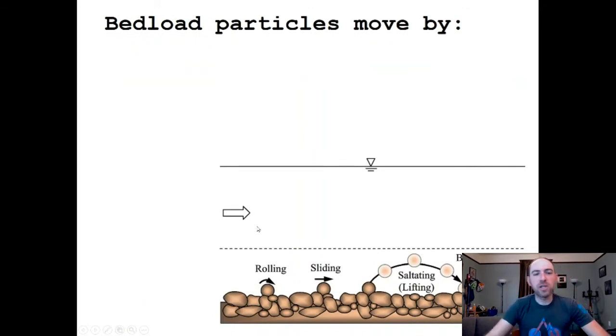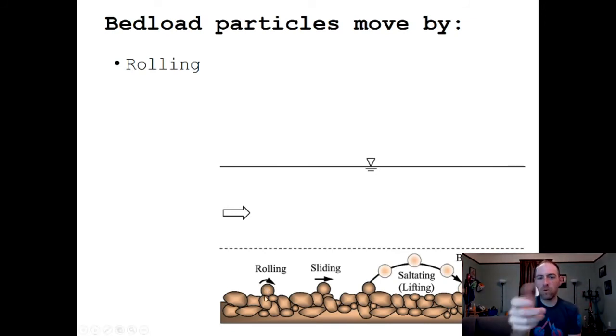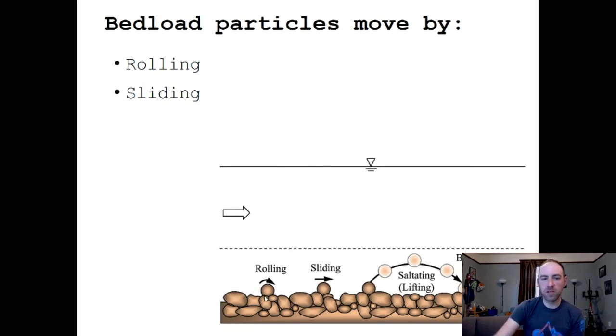So as we mentioned, bedload particles can move in a number of different ways depending on the local hydrodynamic conditions. The first way that they can move is simply by rolling along the bed, just like a beach ball might. The next form is called sliding.